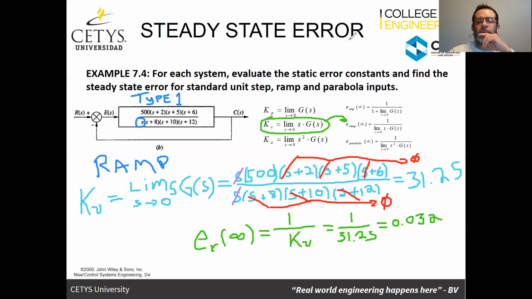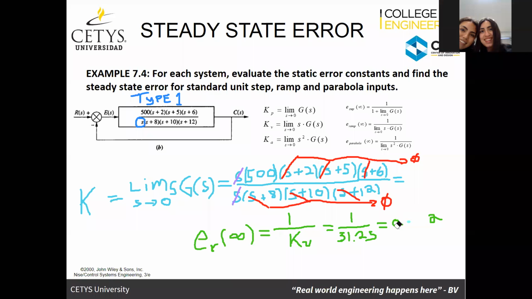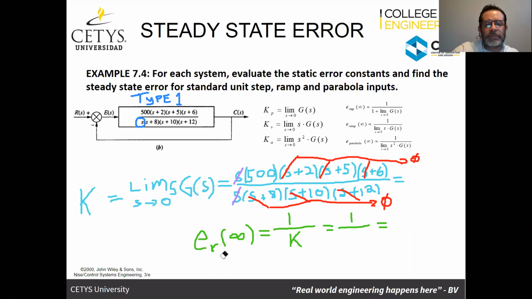So this image, okay. And lastly, let's go to the last one, which is going to be the parabola. And what's going to happen with the parabola? I'm not going to write everything again. We're going to get infinite error. Correct. Very well.